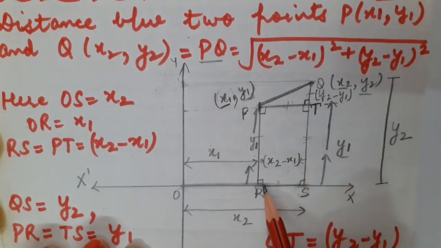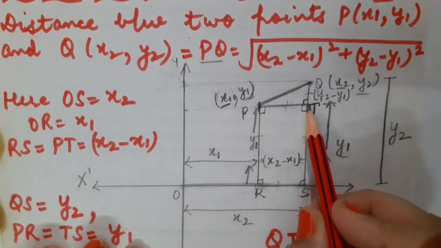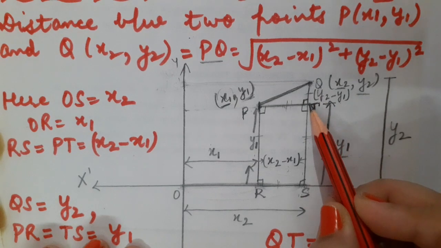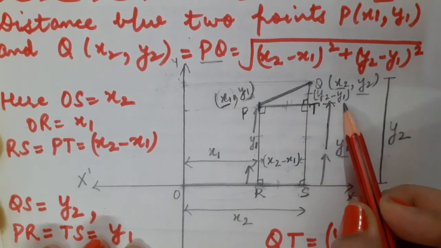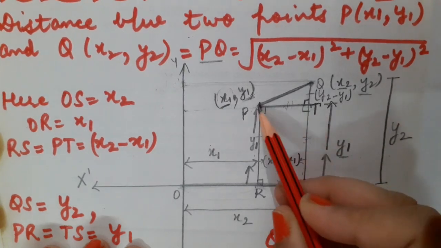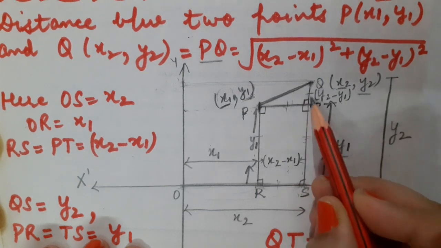So if RS is equal to x2 minus x1, then PT will also be x2 minus x1, and QT we have just calculated, that is y2 minus y1. If angle PTS is 90 degrees, then PTQ will also be 90 degrees as it is a straight line angle.